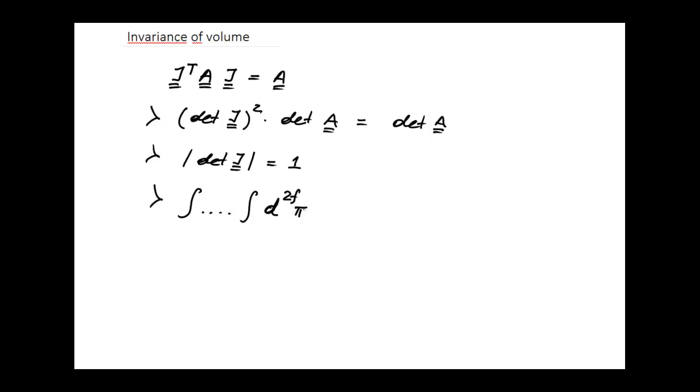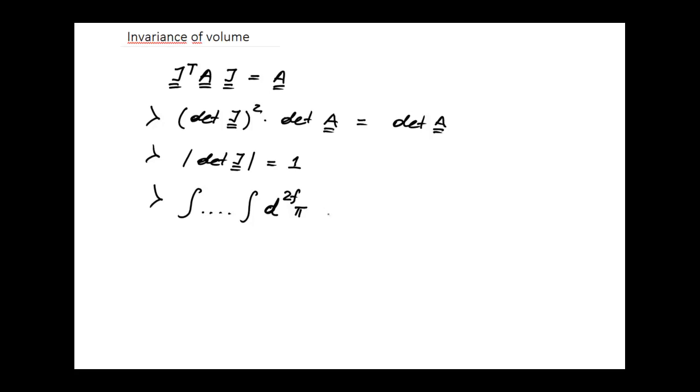And now you go to new coordinates, capital Pi. How does the volume element transform when you change coordinates? The volume element is multiplied with the determinant of the Jacobian. Yeah.